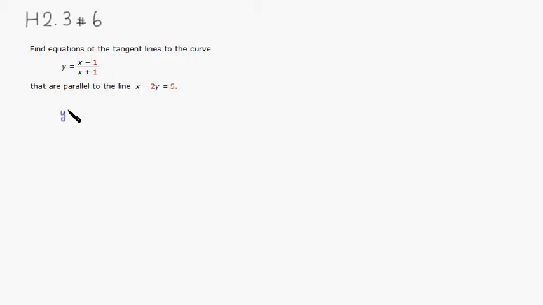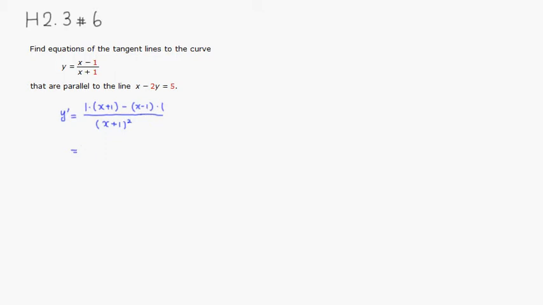So y prime is equal to, this is the quotient rule, square the bottom, so quantity x plus 1 squared, derivative of the top is 1, so 1 times the bottom, which is x plus 1, minus top, which is x minus 1, times derivative of the bottom, which is 1 again. If you simplify that, you're going to get this.